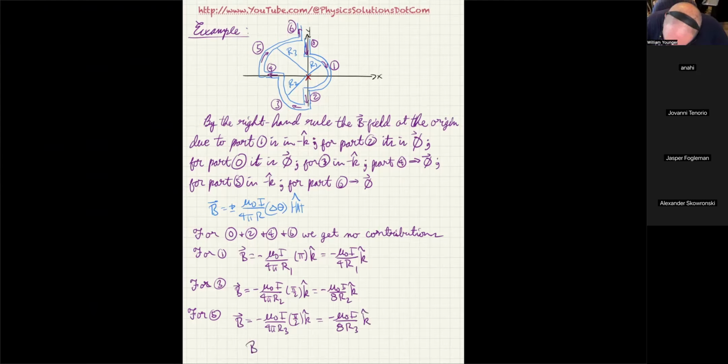So B at the origin is equal to mu 0 I over, and I'll put a negative out in front just because they're all negative. So mu 0 I, they all have a mu 0, they all have an I, and they all have at least 4 in the denominator. So I'm going to write that there.